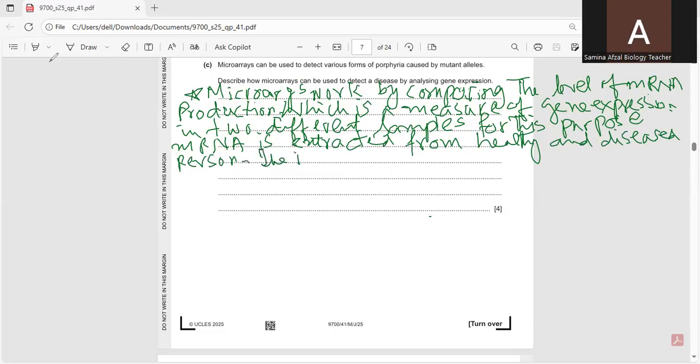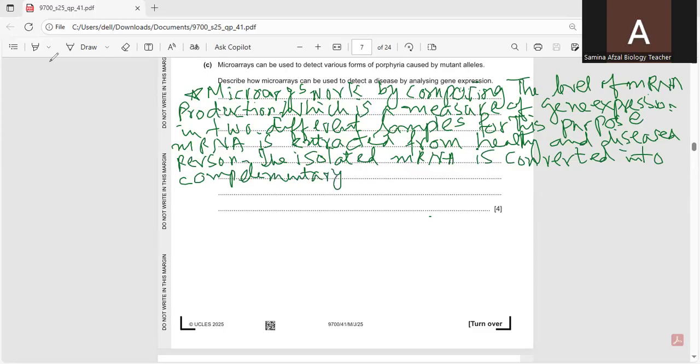The isolated messenger RNA is converted into complementary DNA. This makes the molecules more stable.